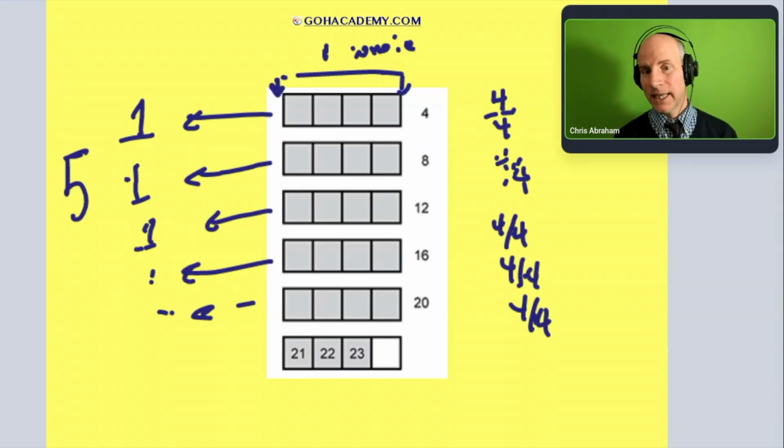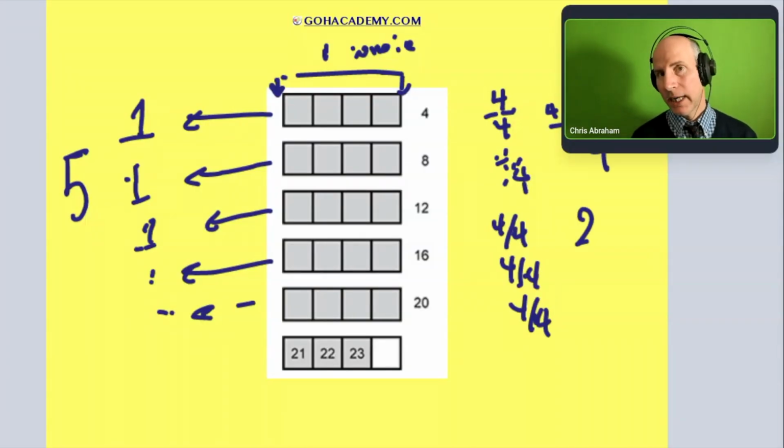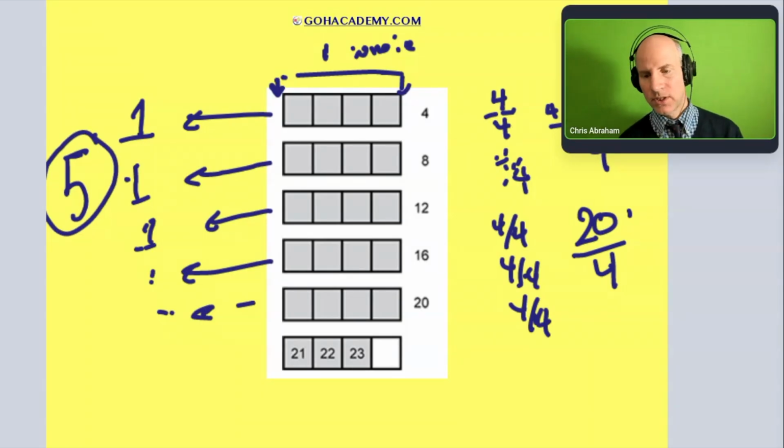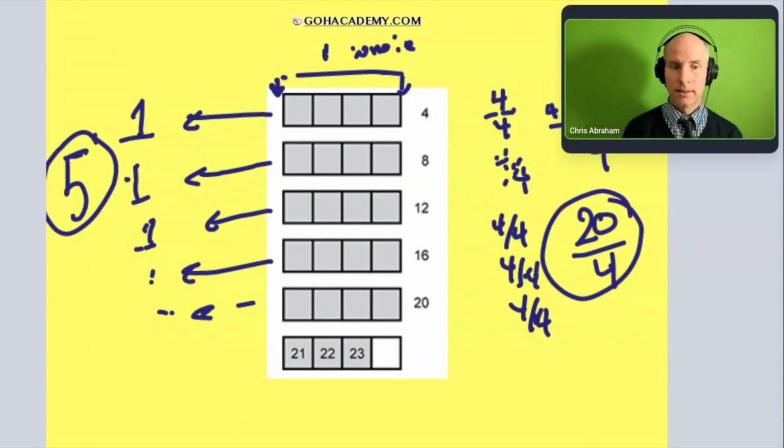So it's really something like 4 plus 4 plus 4 plus 4 plus 4. So right now we have 20 fourths. Do you see how I got 20 fourths so far? That represents 5 wholes. That represents 5.